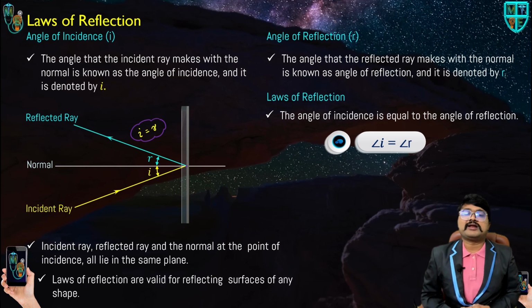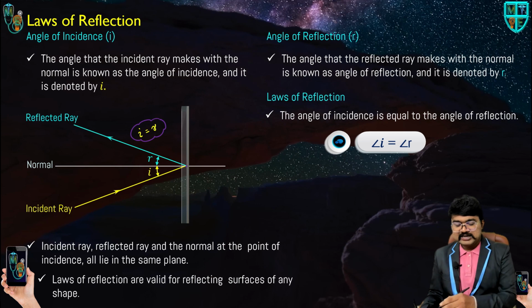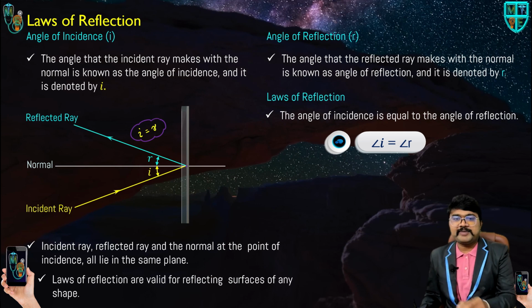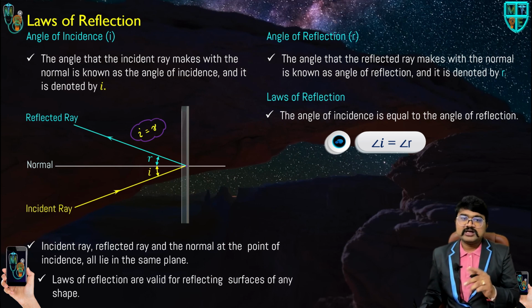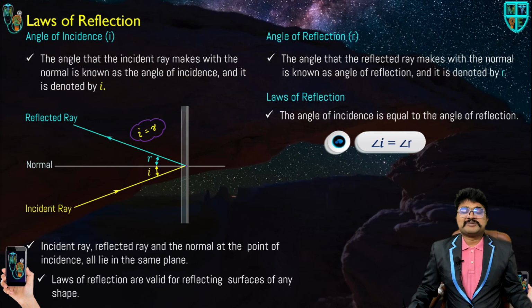This is all about some introduction to reflection, some fundamentals of reflection. The laws of reflection are very important. Now we need to have a look at some problems based on the laws of reflection.